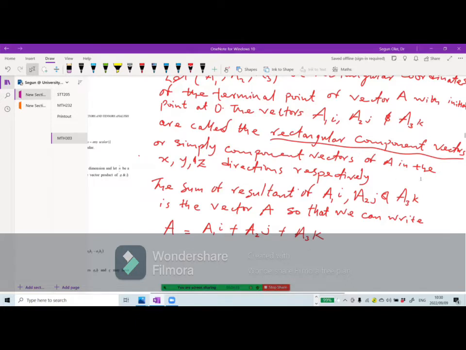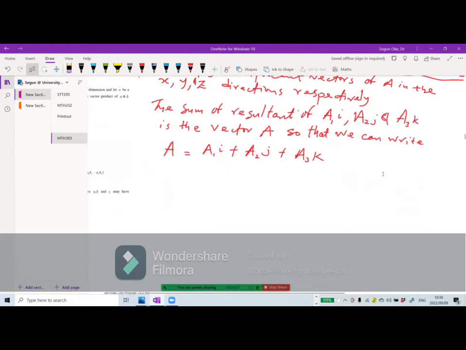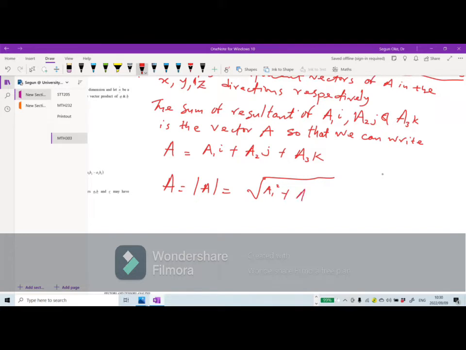Then the magnitude: we write the resultant as A, the magnitude of A, equal to the square root of A1 squared plus A2 squared plus A3 squared.